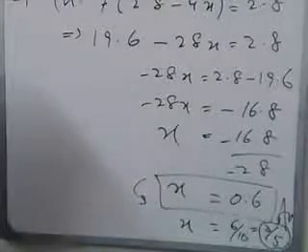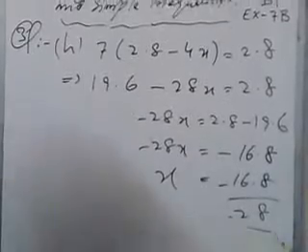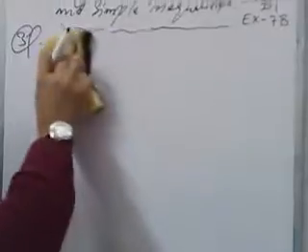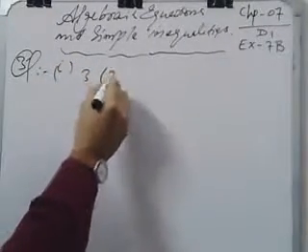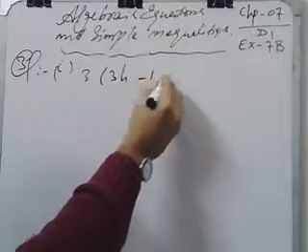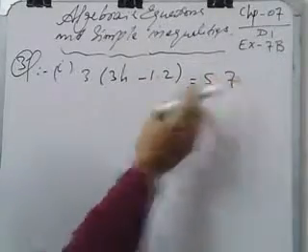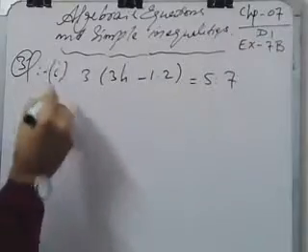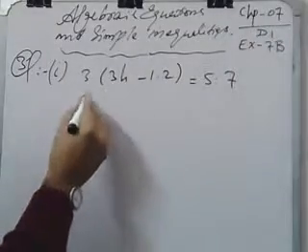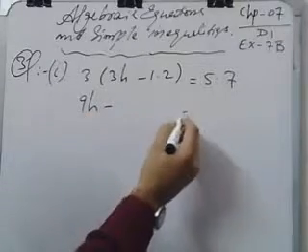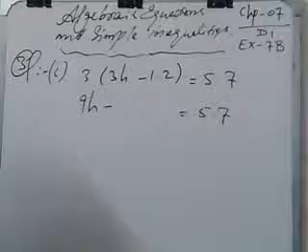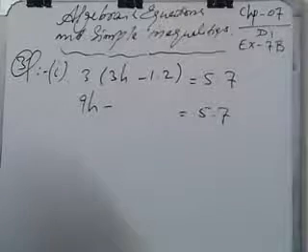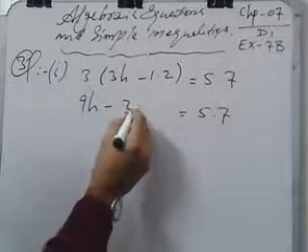Now coming to the last part of this exercise, by the same method, I part 3 into 3h minus 1.2 is equal to 5.7. So my dear students, I part, you see here, multiply 3 3s are 9h minus, multiply 1.2 by 3, you will get 3.6.